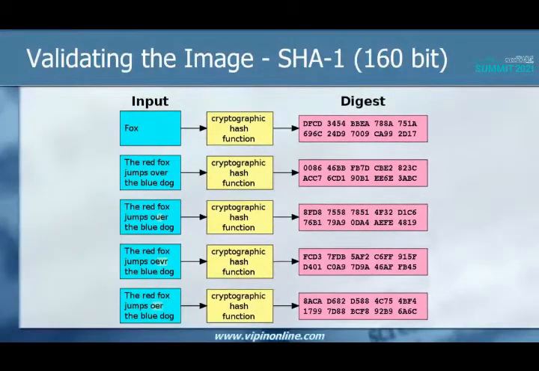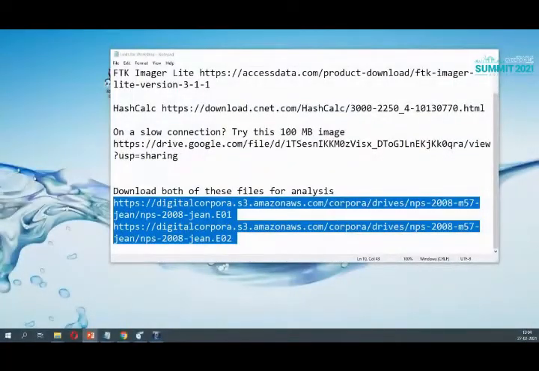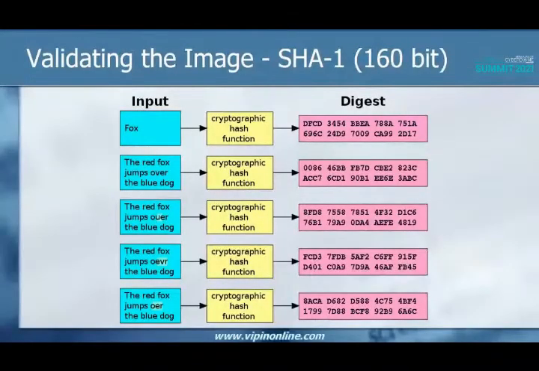Those people who have already downloaded the image, you can calculate the hash of the image that I have provided, so that you can make sure that the image is unaltered in any way.